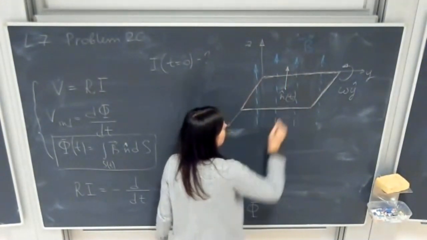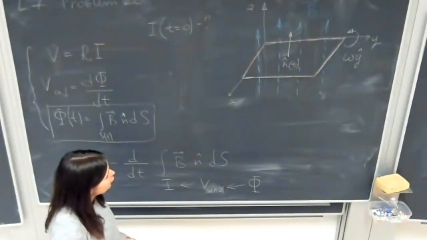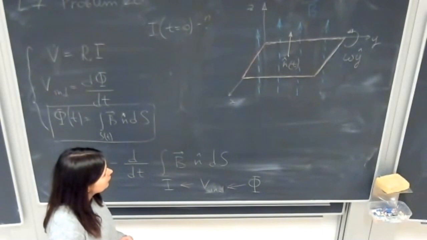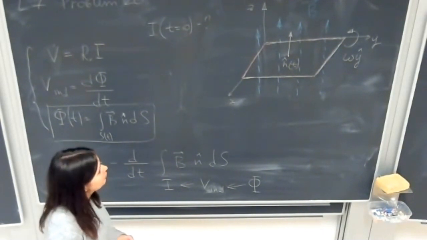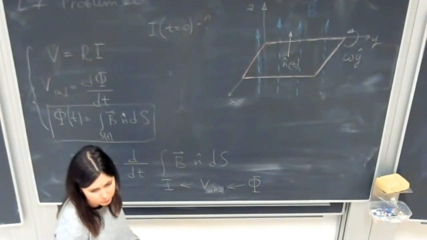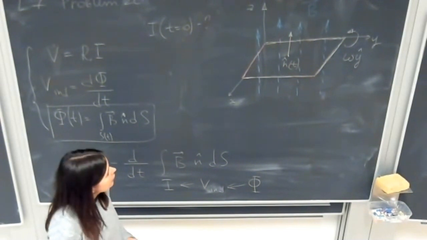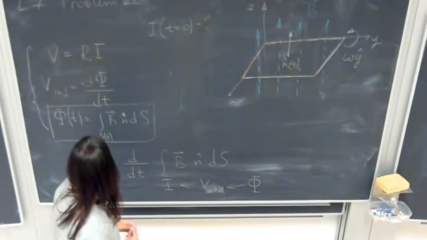So for the case when the time is 0, the normal is in z direction, positive z. So let's calculate the flux.